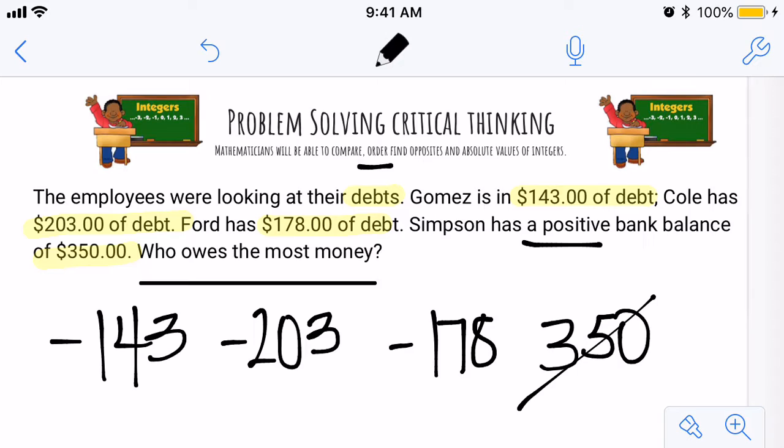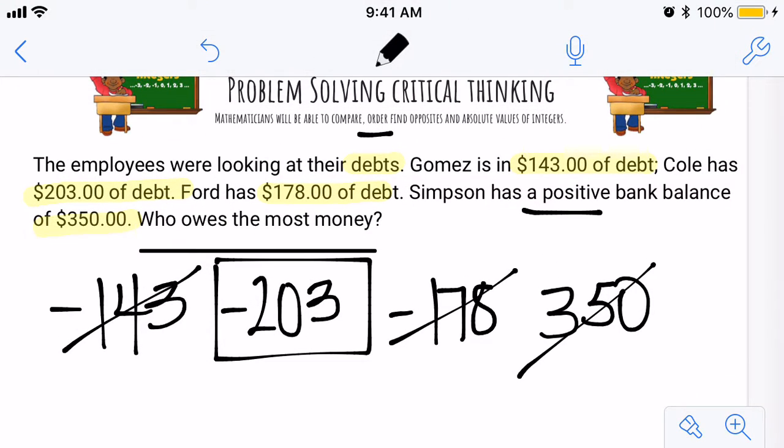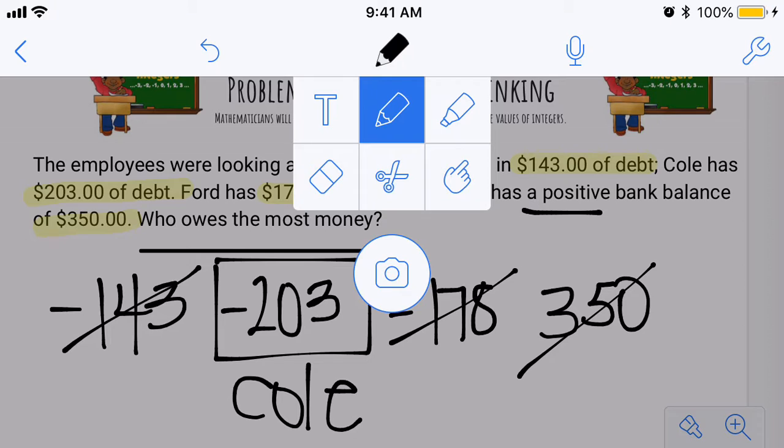Then we want to think what number is closest to 0. That has to be crossed off next. So that would be negative 143. The next closest would be negative 178, and that leaves us with $203 owed, which is the most money owed, which is Cole. And that's it for our problem solving and critical thinking.